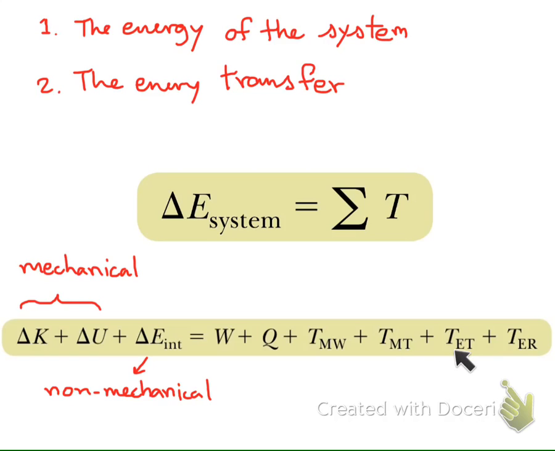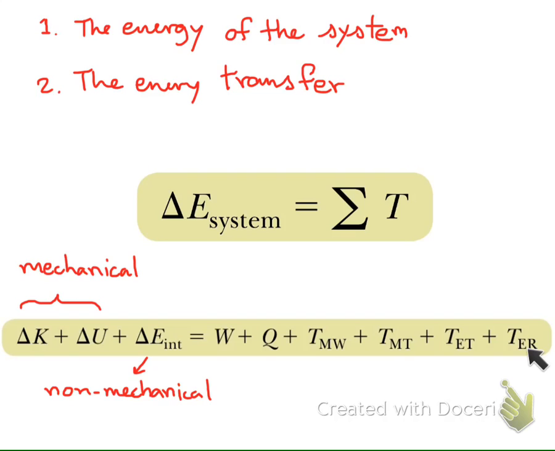You may have the exchange or the transfer of the energy from the electrical transfer, like the electrical energy from the cord, or you may have the energy transfer from the electromagnetic radiation.